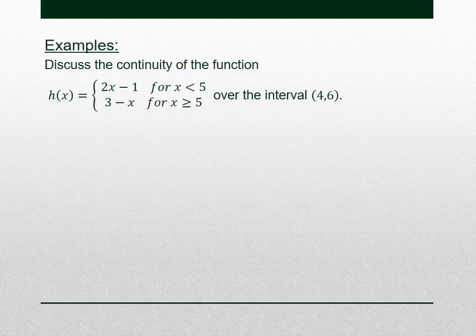Notice this is the exact same function as I just had, so I already know it's not continuous at x equals 5 from before. Now, what is different here?